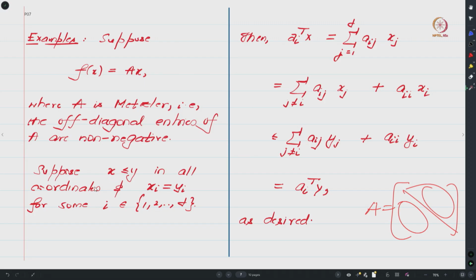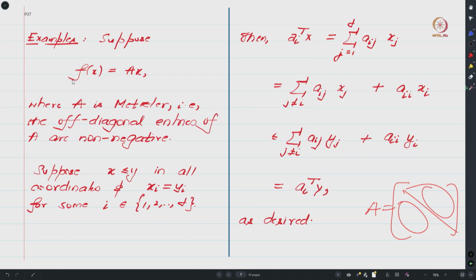Let us say the input to this function f is x and y, and they satisfy the condition x is less than or equal to y in all coordinates, with the exception of the ith coordinate where xi equals yi, and let us say i is arbitrary. Then the claim is that the ith coordinate of the output when the input is x will be less than or equal to the ith coordinate of the output when the input is y.